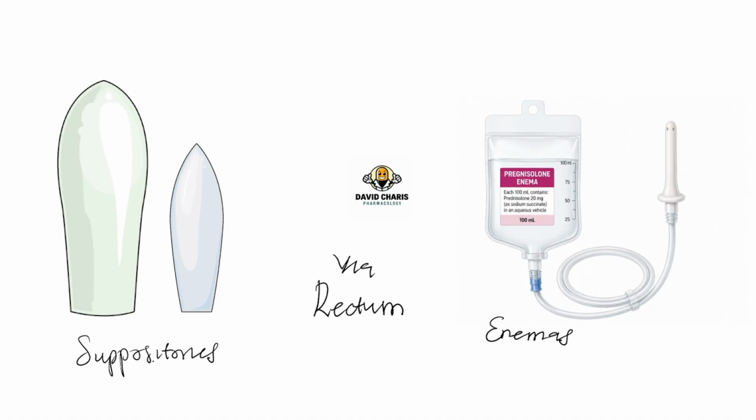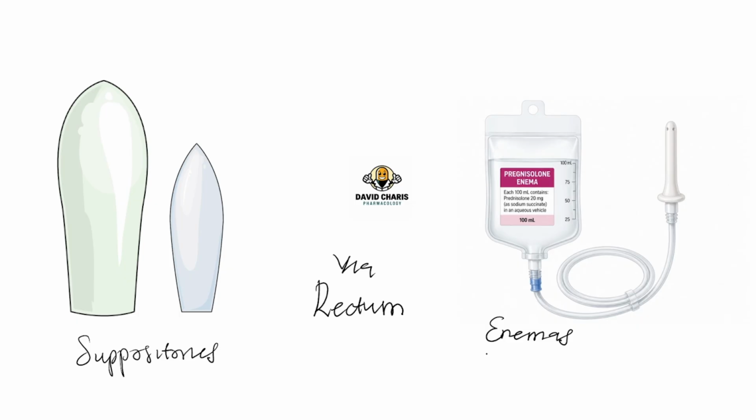The suppositories are basically a confined or hardened substance. It might be oil based, it might be water based, but they are very lipid soluble in order to be absorbed into the walls of the rectum. They can be given directly into the rectum and they are absorbed into the walls, bypassing the first pass effect. So they are directly absorbed into the bloodstream per se.